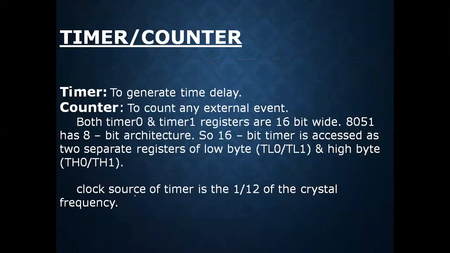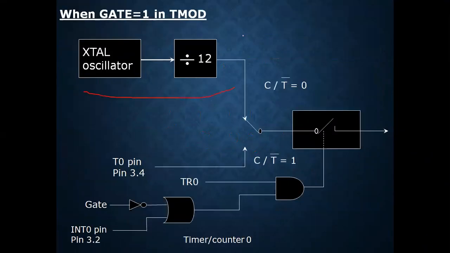Just see, the clock source of the timer is 1/12 of the crystal oscillator frequency, which means the crystal frequency is divided by 12, and that is the input to this timer. When C/T bar is 0, then timer operation will be there, no counter operation, because C is 0, T bar is 1.